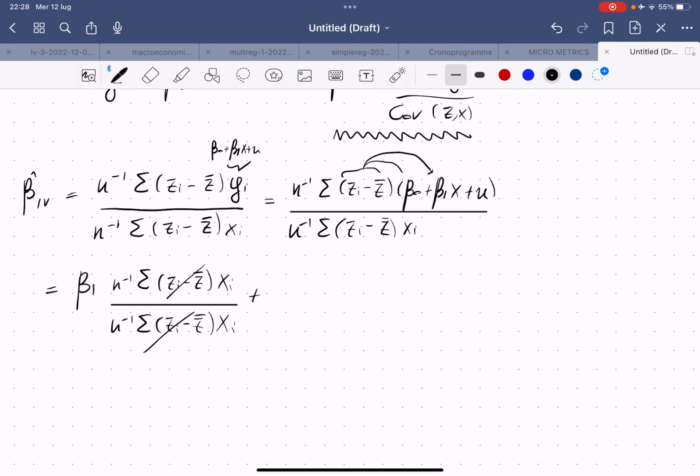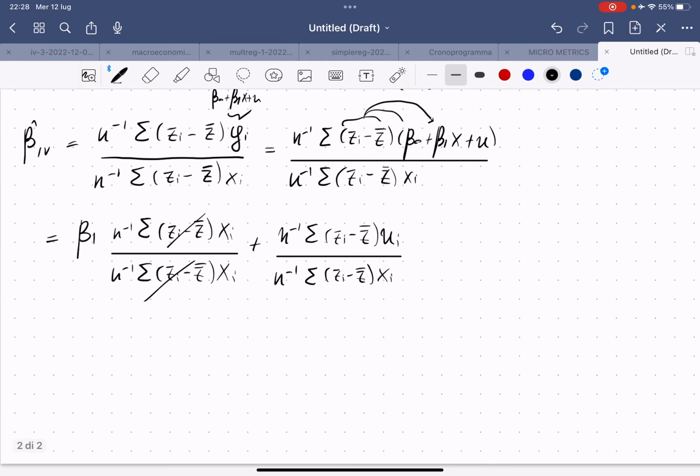And then we are left with n to the power of minus 1 times the sum of Zi minus Z bar times Ui, divided by n to the power of minus 1 times the sum of Zi minus Z bar times Xi.